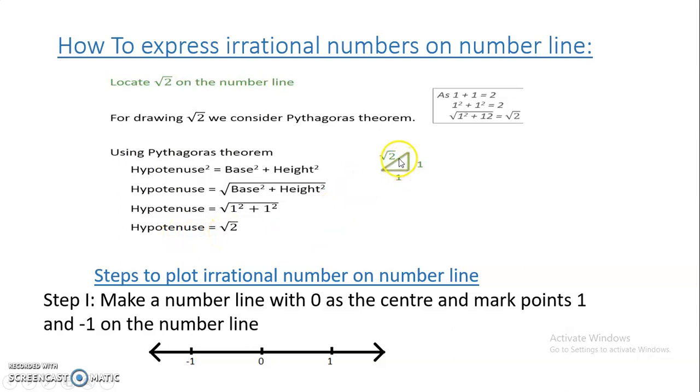Using this Pythagoras theorem only, we will be able to plot the irrational numbers on the number line. Let's see how to plot the irrational numbers on the number line. The first step says to make a number line with 0 as the center and mark points 1 and -1 on the number line. Like you do for the integers, make a number line.